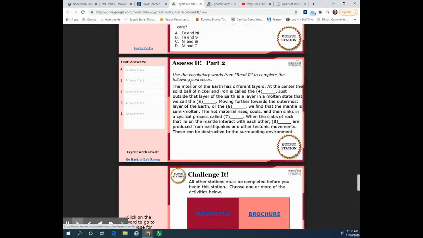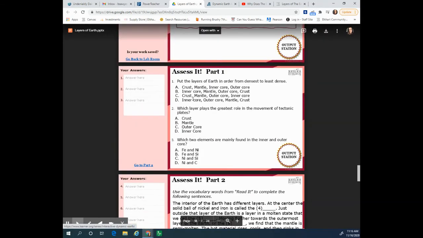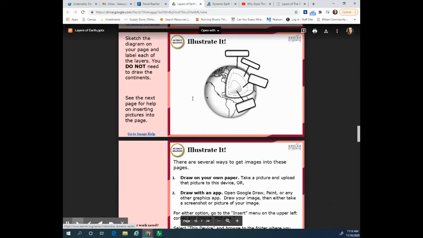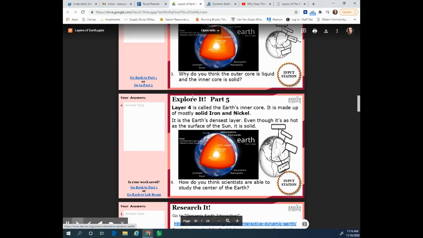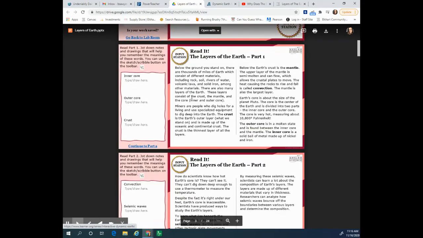You're going to use the vocabulary words that were bolded in the read it section for this. So we're going to scroll back up here and I'll call out our bolded section.